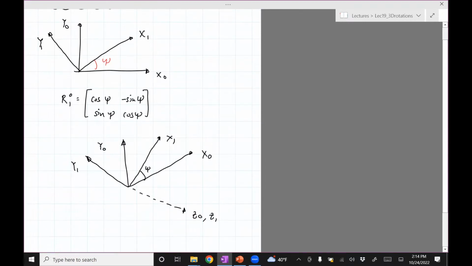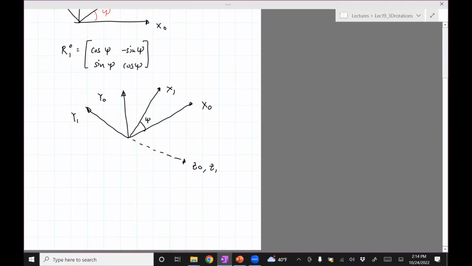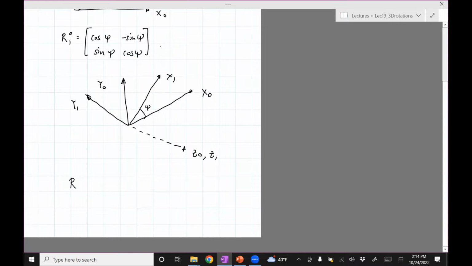Now, when we talk about 3D, we would have a 3x3 rotation matrix, not a 2x2 matrix. We'll call that rotation about z, parameterized by the angle psi, to be cosine psi, minus sin psi, sin psi, cosine psi, and then there'll be 0, 0, 1 on the last row.